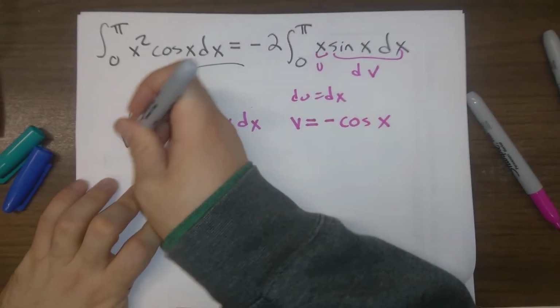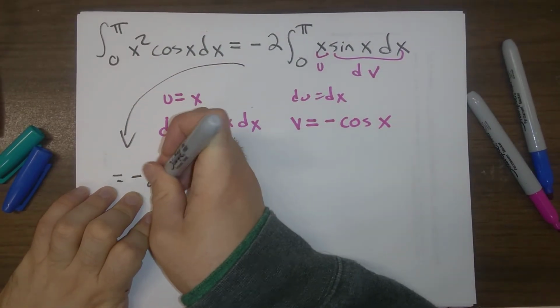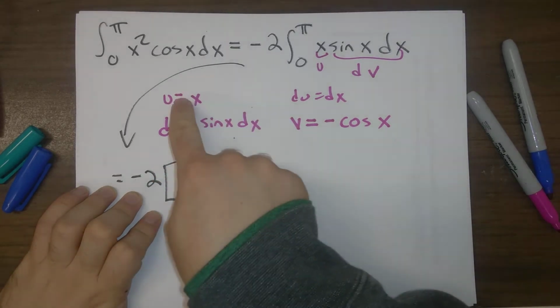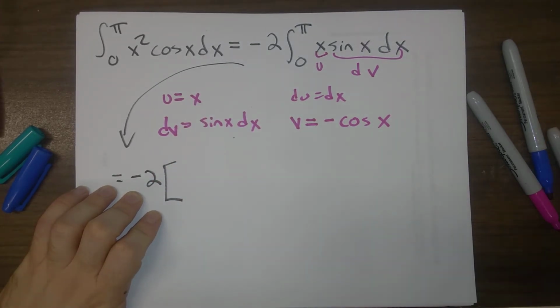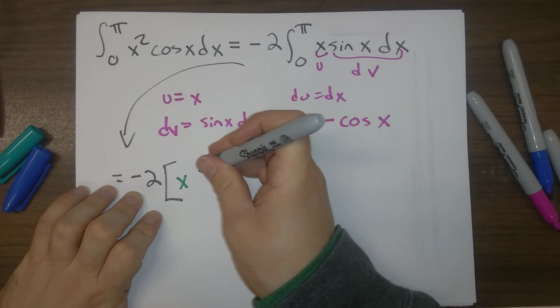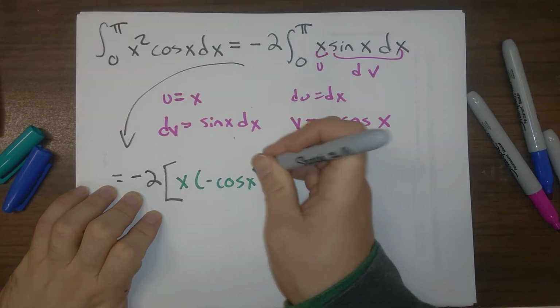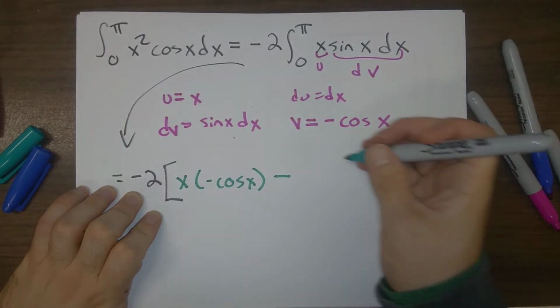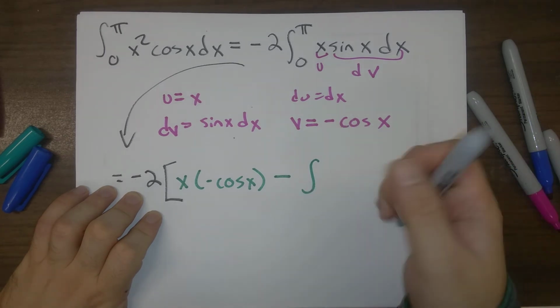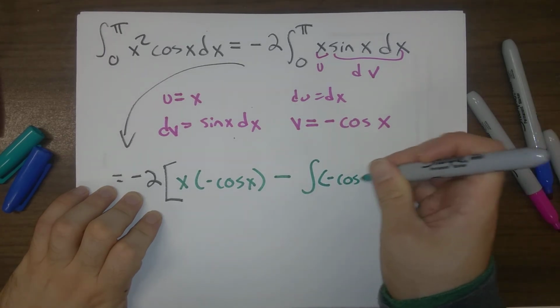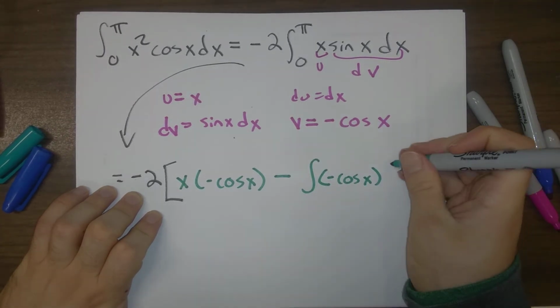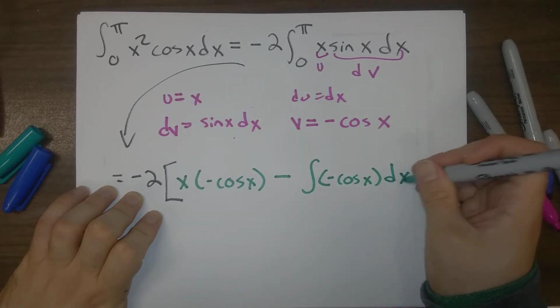And so all of this now, minus 2 times uv, so that's x times minus cosine x, minus the integral of v, minus cosine x, du. And that's dx.